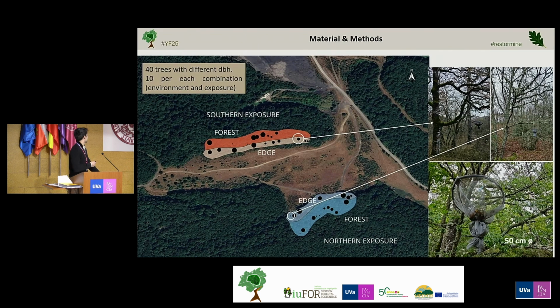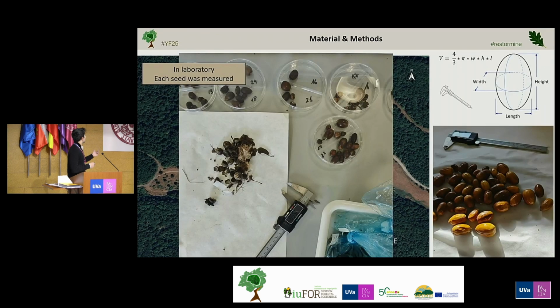In each tree, the seed fall was collected in a round trap of 50 centimeters of diameter, as you can see in this picture, during the whole acorn production period. After all the seeds had been collected, in the laboratory each seed was measured, the width, height, and length, to estimate its volume.